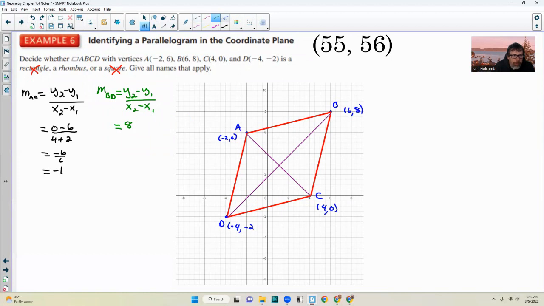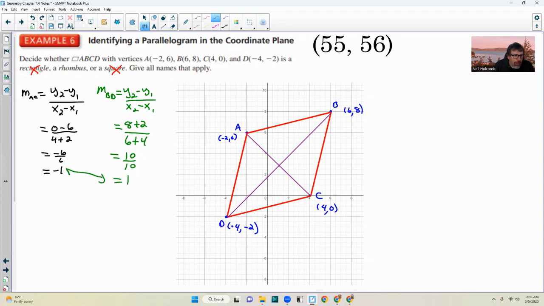Y1 is negative 2, so it's minus a negative 2 or plus 2. 8 minus a negative 2 over 6 minus a negative 4, which is 6 plus 4. And that's going to be 10 over 10, which equals 1.